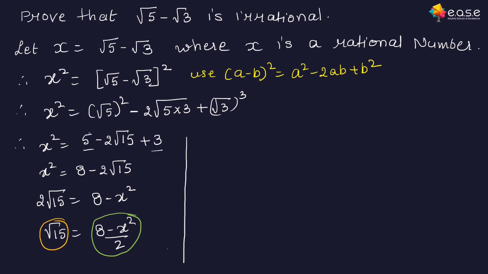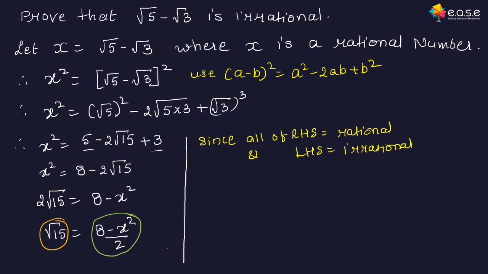So we have that since all of RHS is equal to rational and LHS is equal to irrational, correct? Therefore, because it is irrational, it cannot equal rational, we can say. Therefore, irrational cannot be equal to rational.